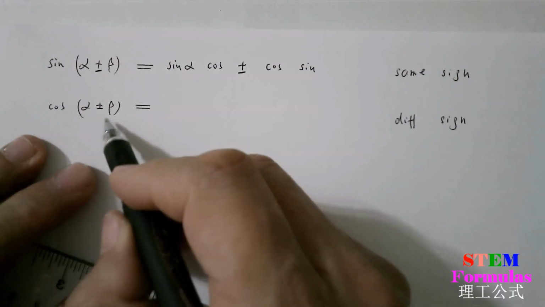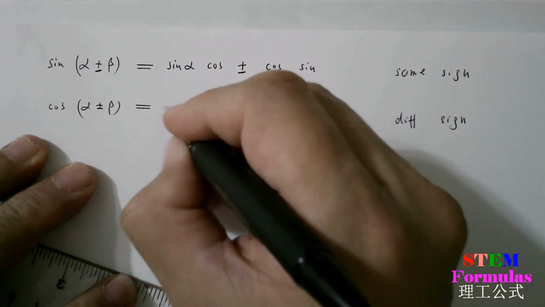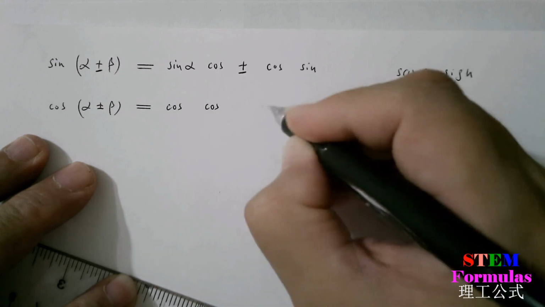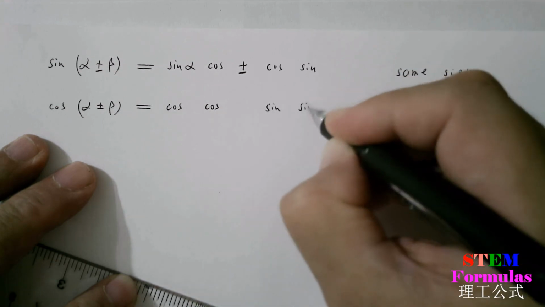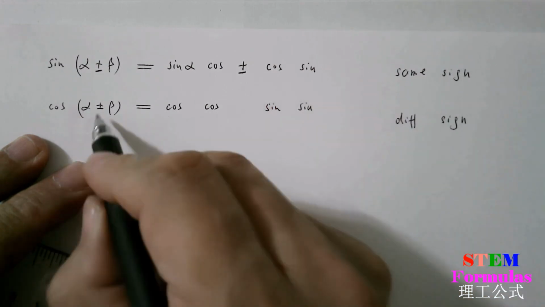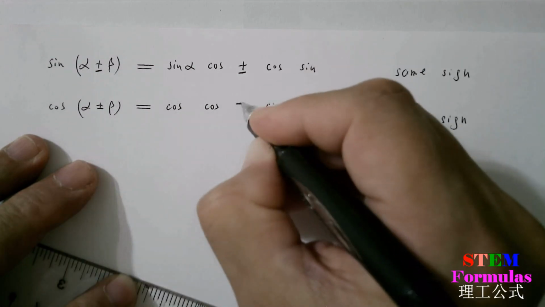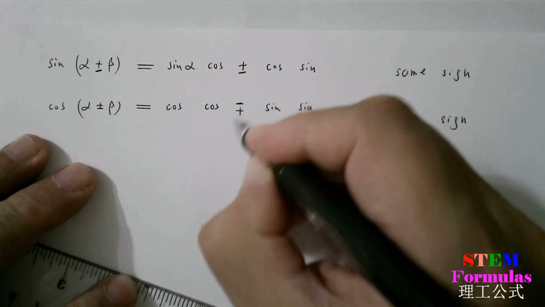Now cosine, so I use cosine, different sign. Different sign means if this is plus, I get a minus. If this is minus, I get a plus.